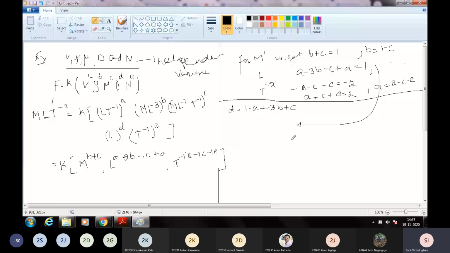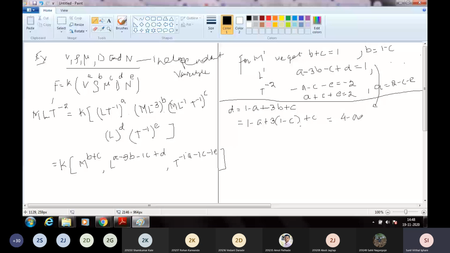Yes, so that is equal to 1 minus A plus 3 into B. The B term we just try to put here. So B is equal to how much? That is 1 minus C. So here if you solve this, you will get 4 minus A minus 2C.